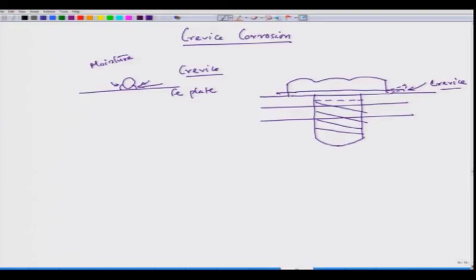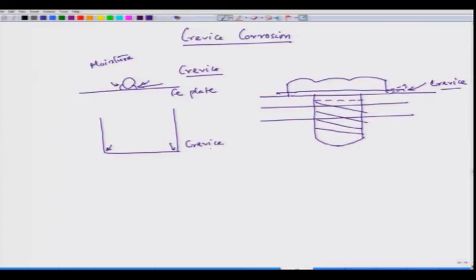There could also be formation of a crevice in the case of corners. For example, in metal corners like this, if this is a small metal tank, this corner also acts like a crevice.